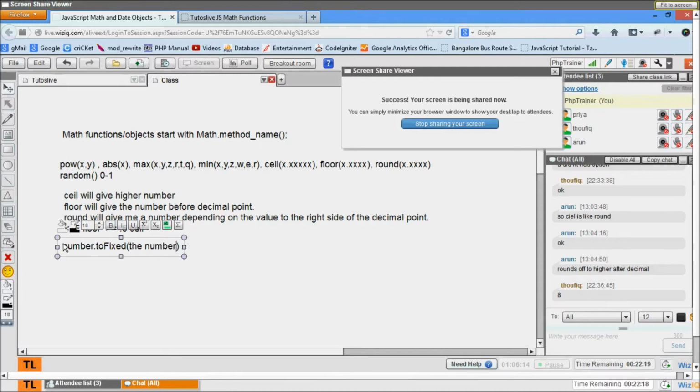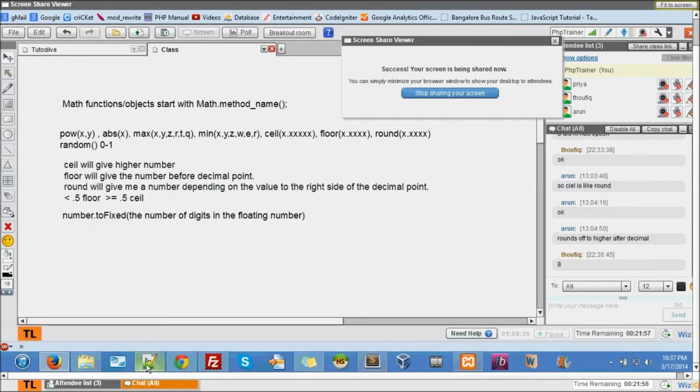A floating number is a decimal number. In JavaScript it's everywhere just a number, but for better understanding I say floating number. So number dot toFixed. Let's see how it works. So here we got the square root of the number, right? Or let's take the random number itself.